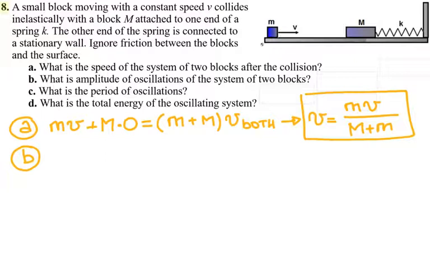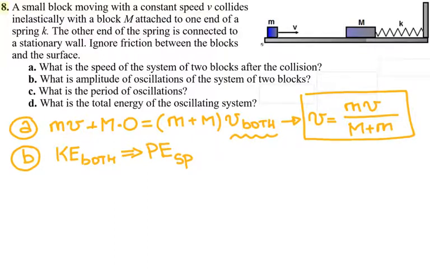So I can do the kinetic energy of both. That means, moving with the velocity that we just found, it is going to be converted to the potential energy of both, or potential energy of the spring. That's going to be when the spring is fully compressed.